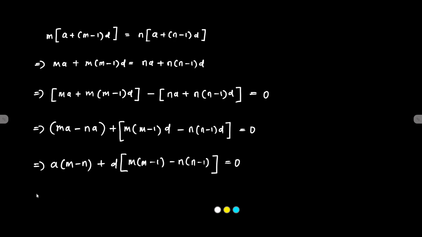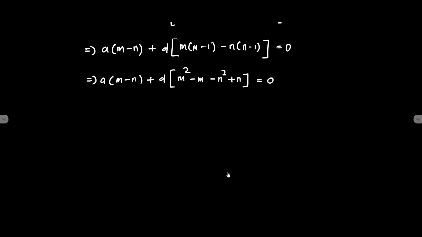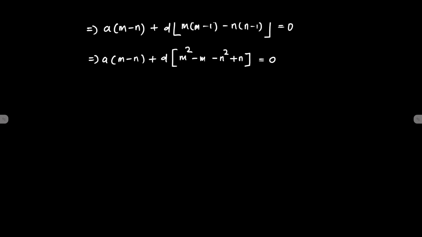So we have A into m minus n plus D into m square minus m minus n square plus n equals 0.